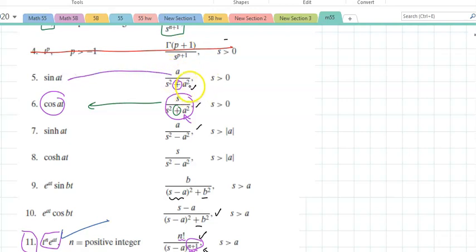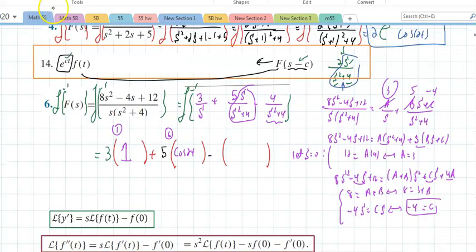But do you see what the condition is? If this is squared, I need what you square to get that, which means I need to take the 4 and make that 2 times 2. Put a 2 up front, and 2 over s squared plus 4 would be the sine of 2t.